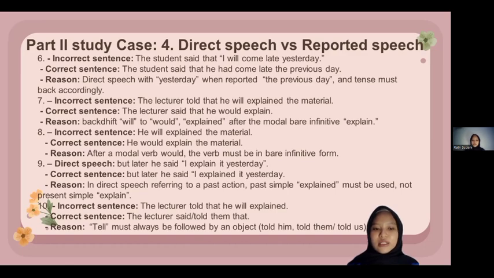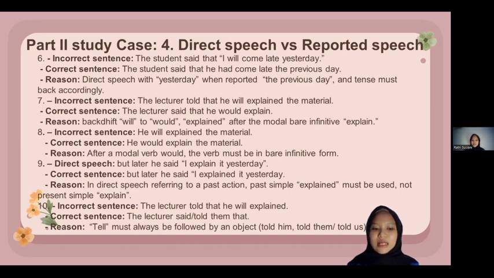The correct sentence is: he would explain the material, because after the modal verb would, the verb must be in the infinitive form. Number 9: but later he said, I explain it yesterday. The correct sentence is: but later he said, I explained it yesterday. In direct speech, referring to a past action, past simple explained must be used, not present simple explain.